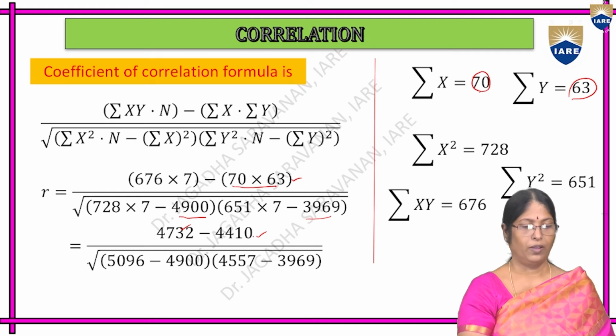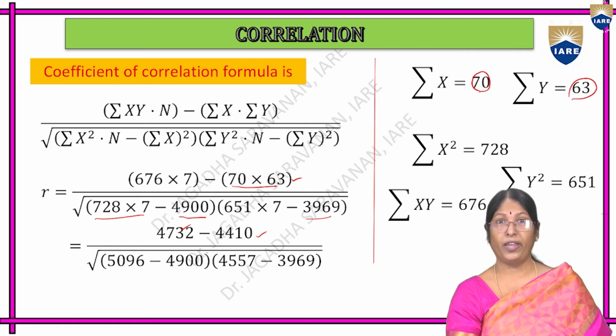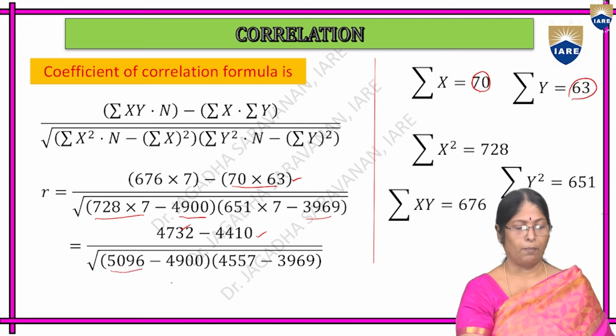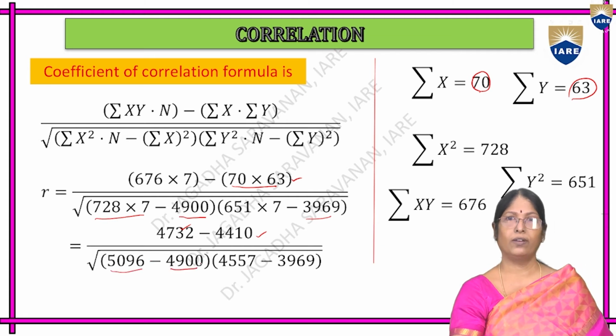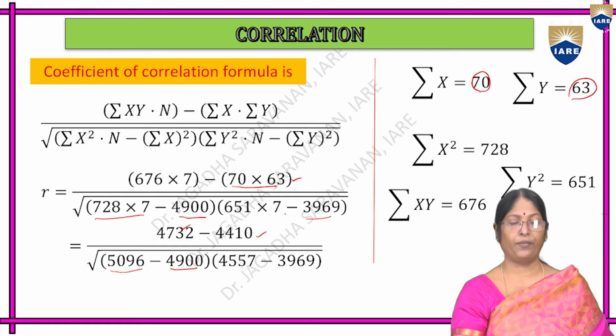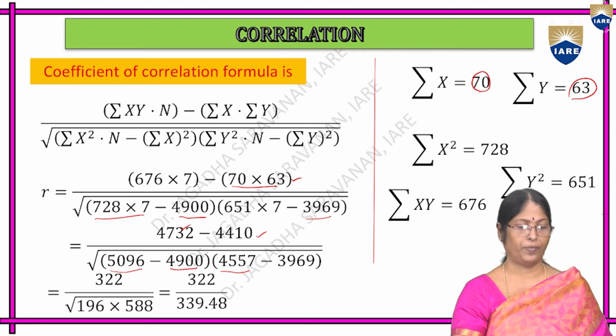Coming to the denominator: 728 into 7 is 5096, minus 4900. 651 into 7 is 4557, minus 3969.